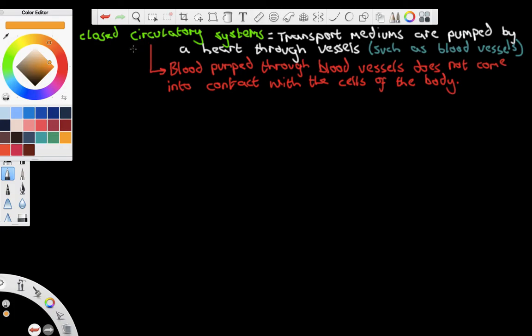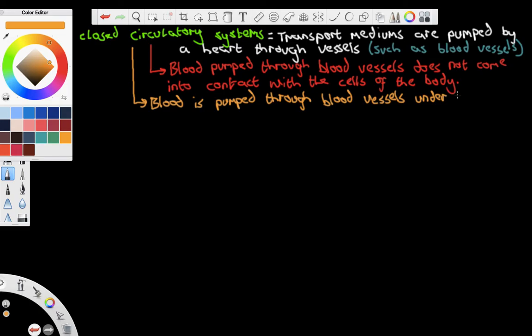So we can say that blood is pumped through blood vessels under high pressure.